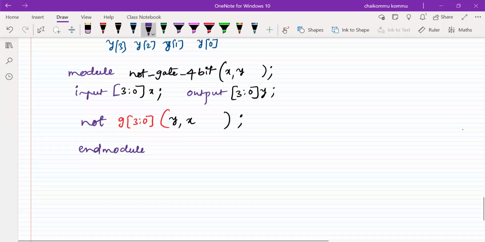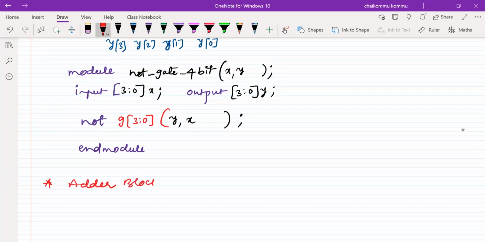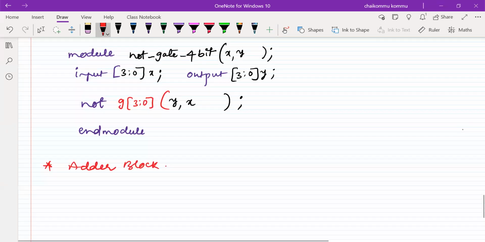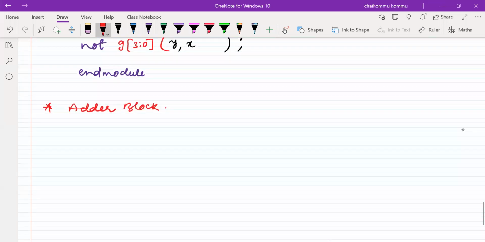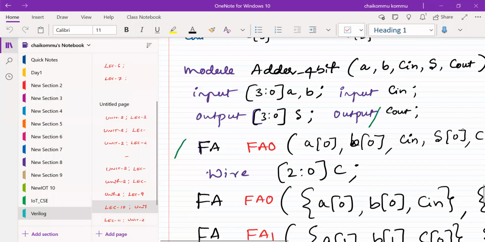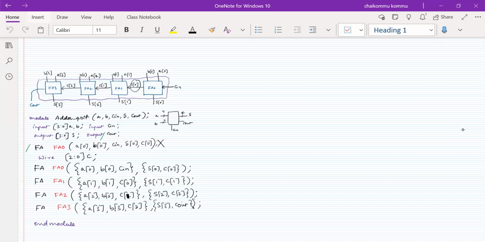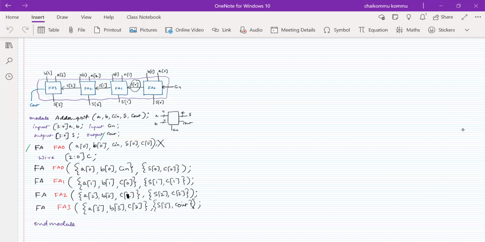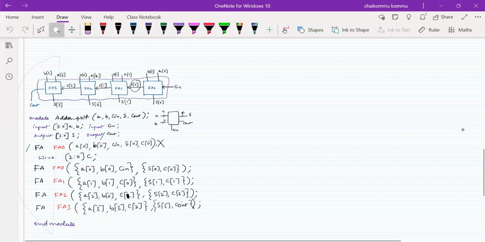So what other module is required? Adder. The adder block. I'm taking the copy from the previous class. Even though it takes some amount of time, I have spent a lot of time on this one, so these things are available.